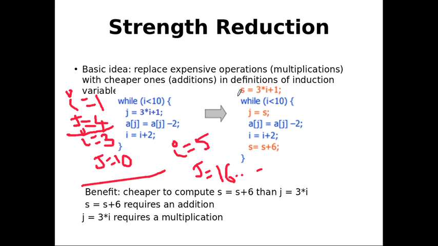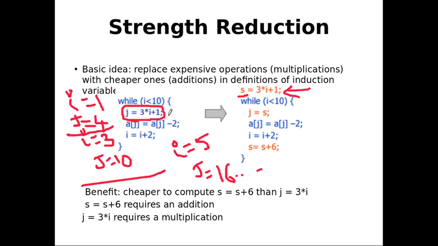Here I am creating the new variable s equal to 3 into I plus 1. So 3 into I plus 1 I am computing only once. I am not repeating 3 into I plus 1 throughout the loop. Previously j equal to 3 into I plus 1 was within the loop. However many times the condition is true, or however many times we repeat that loop, that many times you are doing the multiplication.